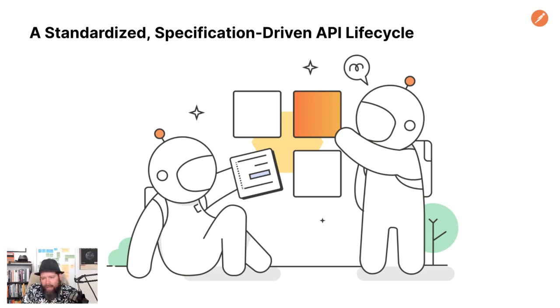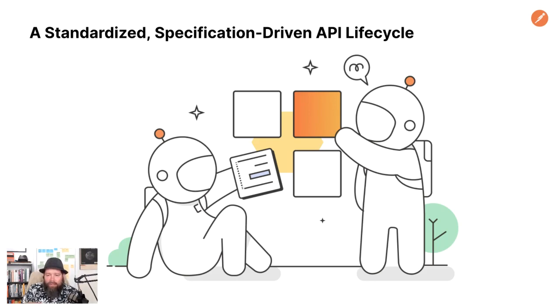So OpenAPI and AsyncAPI are very much being used as the guardrails for this. They're being published to a central catalog, either internally within an organization or externally with partners and third-party consumers. And these OpenAPI, AsyncAPI and JSON schema can be used in any services or tools.